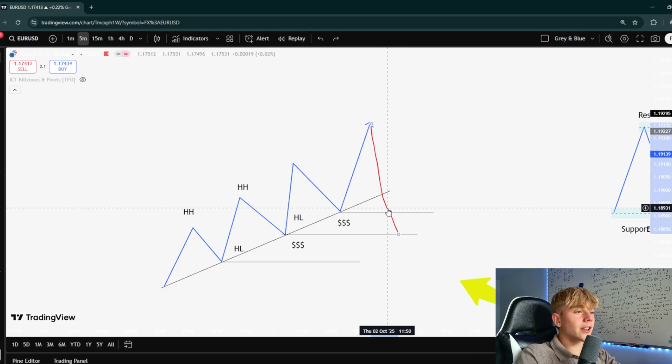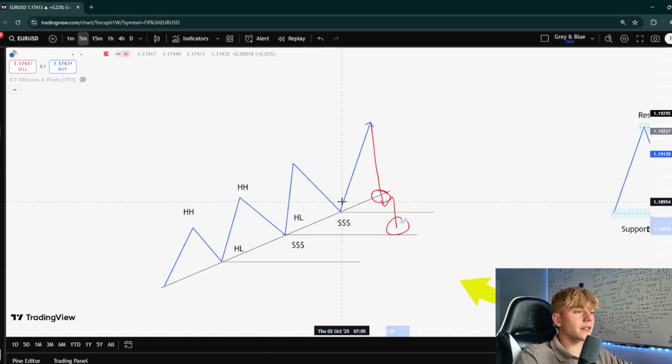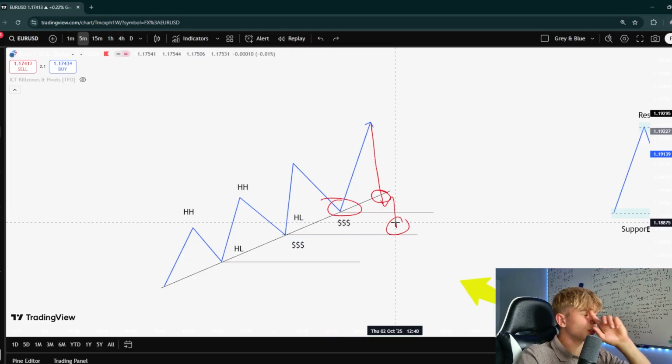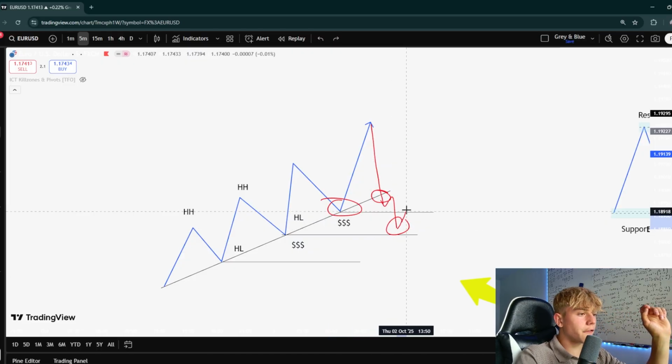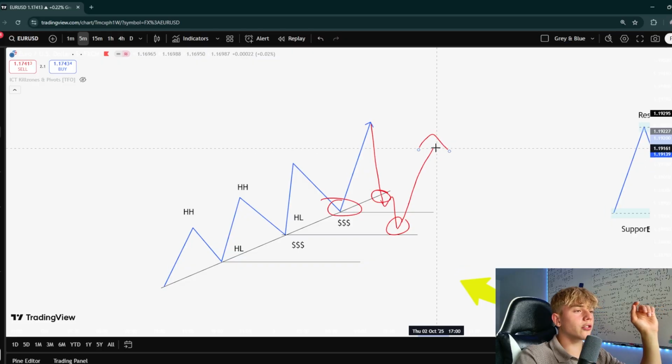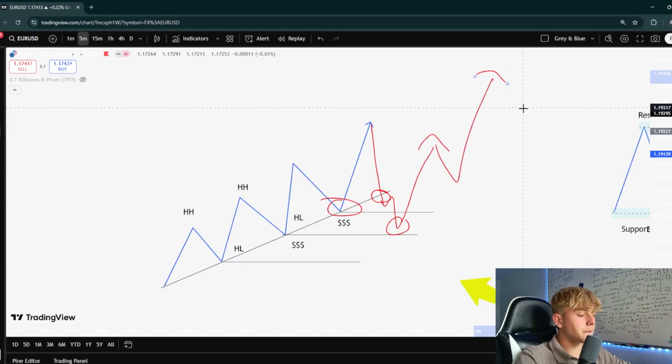Price usually likes to sweep liquidity below the trend line, so break below the trend line, continue, break below a previous higher low like so, sweep all the liquidity under this low, and use all of these new stop losses to then fill all of their orders to then push up and continue in that bullish trend.